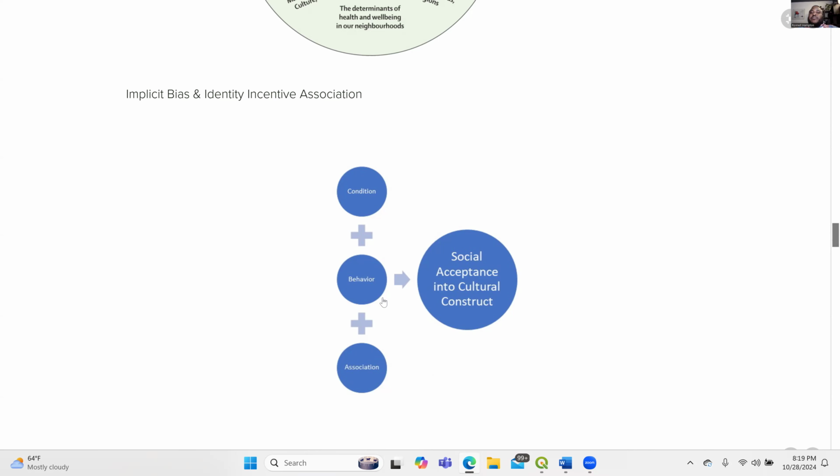Those are the people that we associate with, people who are part of our family, community groups that we're a part of, social clubs that we may be a part of, and the social capital that may come with that, right? And so all of that informs how we're socially accepted into the cultural constructs that we find ourselves in, right?